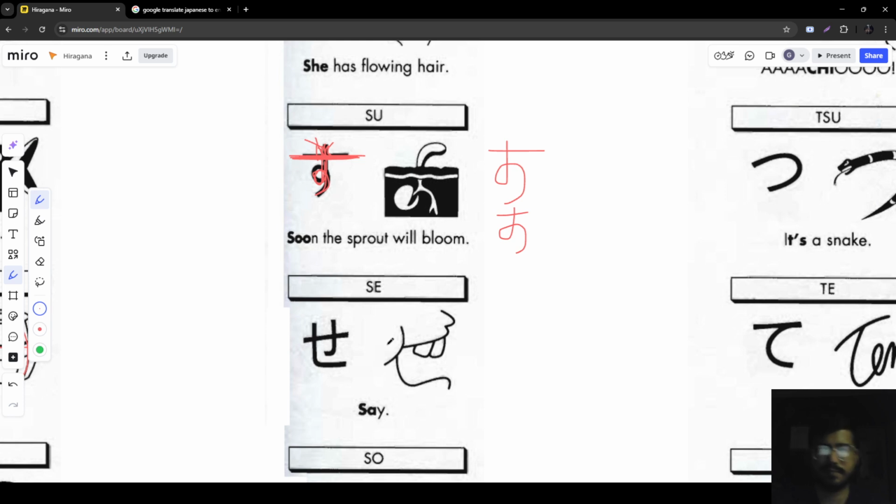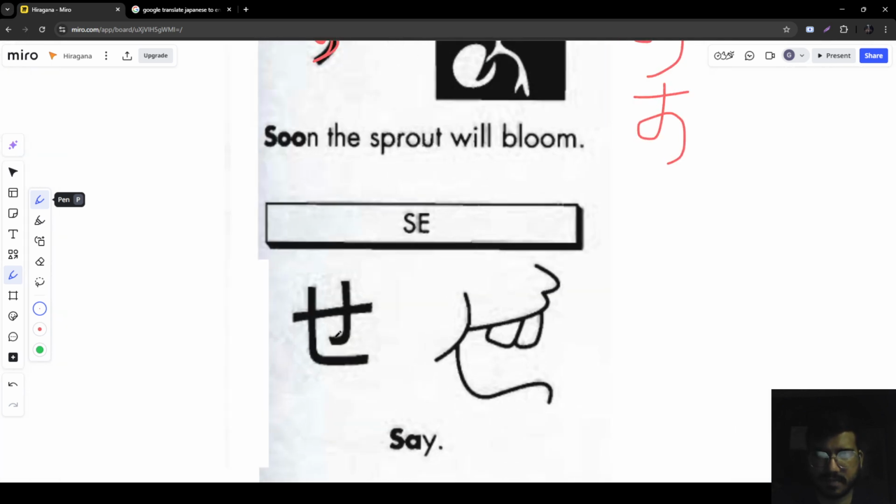Say. So how do you remember say? By the word say. This also looks like a face or a mouth. These are the upper lips. These are the teeth. This doesn't look like it, but you can assume it as a nose. These are the teeth.